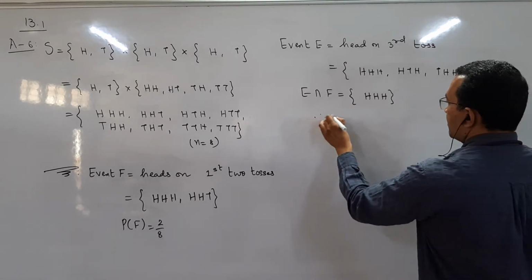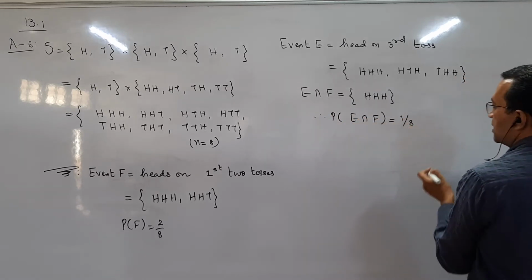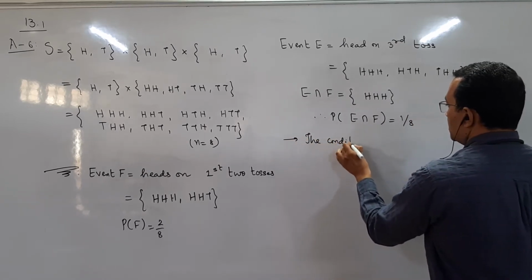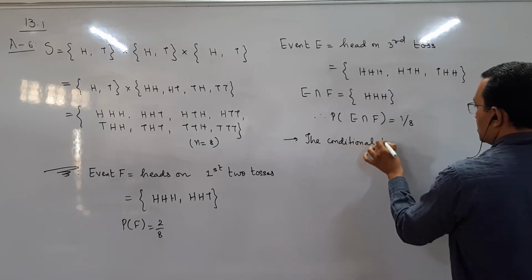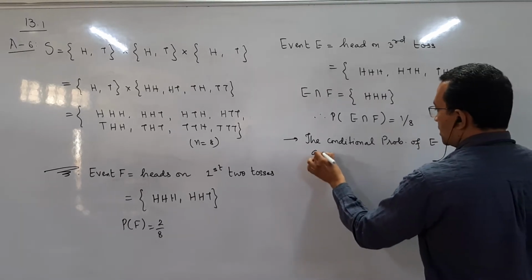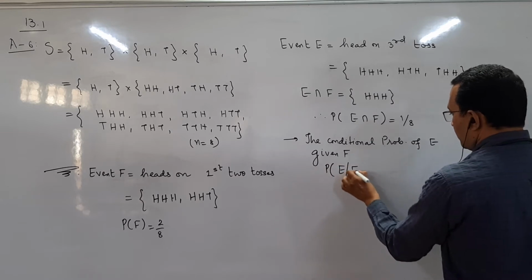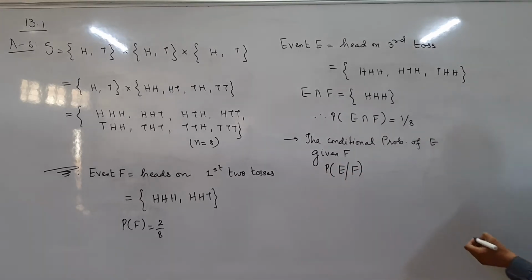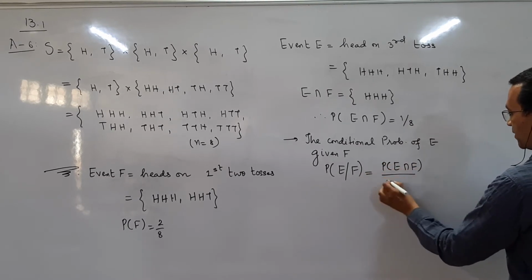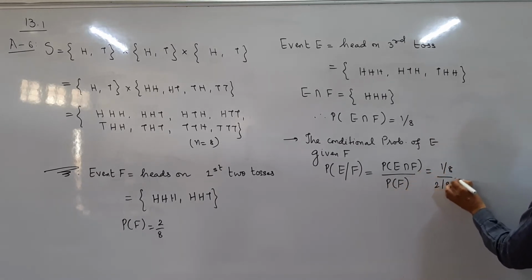Therefore, the probability of E intersection F will be given by 1 by 8. Finally, the conditional probability of E given F, P of E oblique F, but always read this as P of E given F, which is equal to P of E intersection F upon P of F. So 1 by 8 divided by 2 by 8.